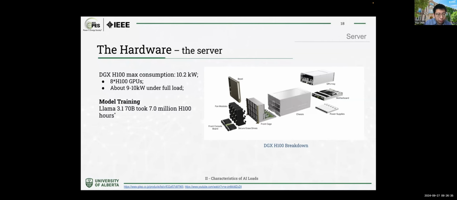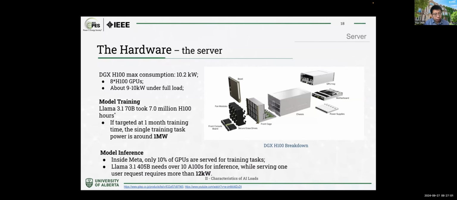For training a large language model, we are not just using one single H100 GPU or one single DGX. For instance, the Llama 3 70 billion model took around 7 million H100 hours. If we target one month of training time, the peak power of a single training task is around 1 megawatt.